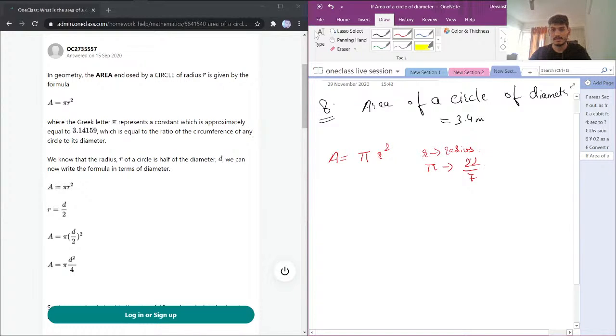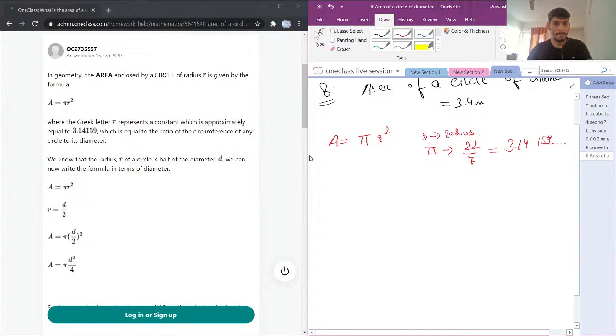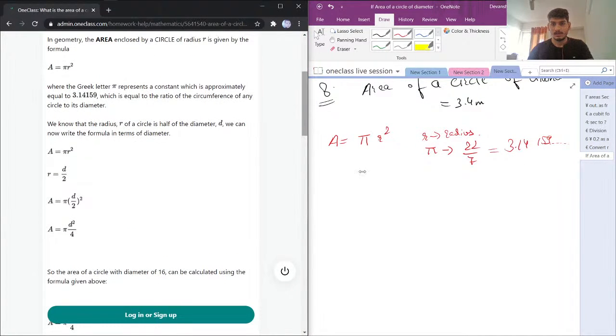It is an irrational number, a Greek letter, and its value can be written like 3.14159 and so on. As it is an irrational number, its value never ends.